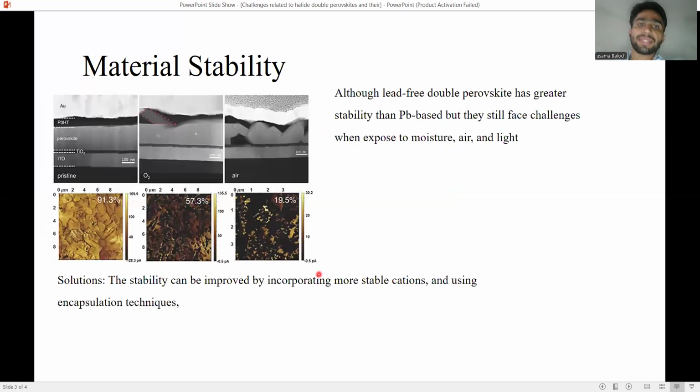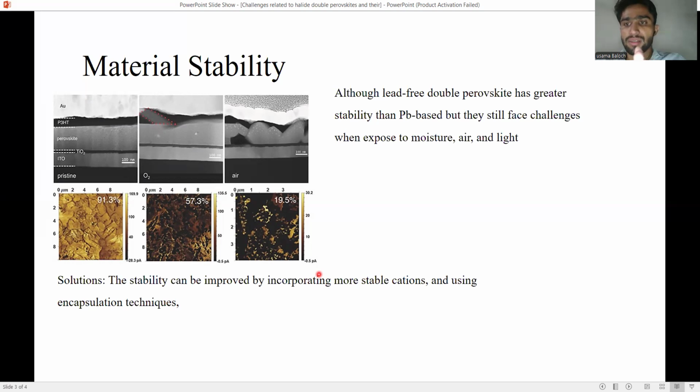Next, it's material stability. What is material stability? When you fabricate any material and put it in normal environmental conditions, and after that you check the material and it is the same as in the initial condition, with no change, then that material is stable.